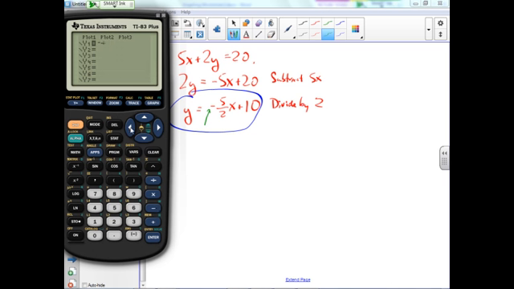So in this case, since that's a leading negative, we want to use the one down here to the left of the enter key. So now I'm going to do, in parentheses, 5 divided by 2, close parentheses, x plus 10. So if your negative sign is out in front, you've got to use the other one. Okay?